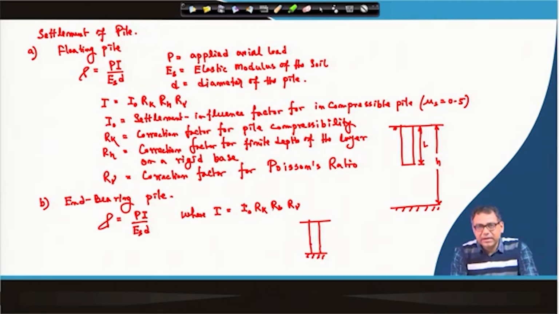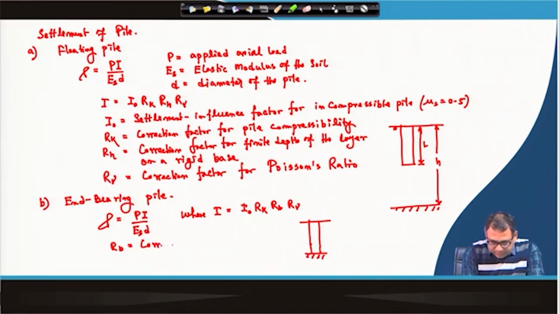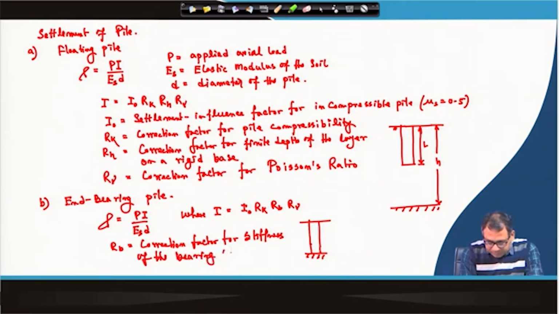But here R B is introduced, which will incorporate the effect of stiffness of the base soil where the pile is resting. So, that means R B is the correction factor for the stiffness of the bearing stratum.